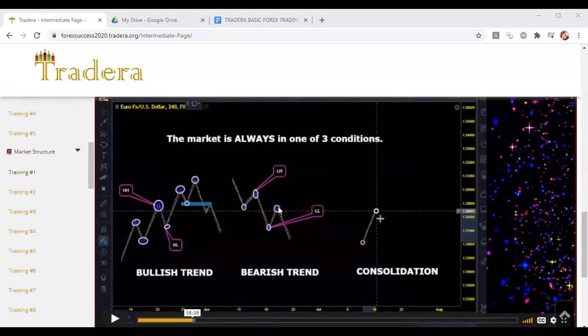At this point, because of what we've learned so far, we would know that market structure is broken. I'm just showing you this as an example of how this would keep you from getting into a sale in a market that has reversed. So does everyone understand the importance of knowing the market structure?